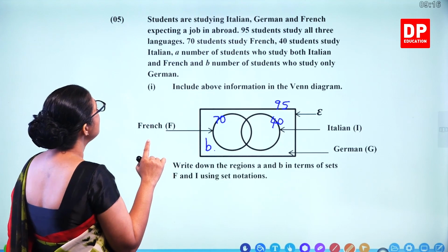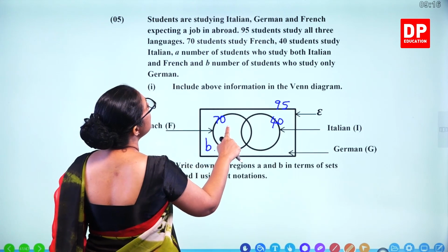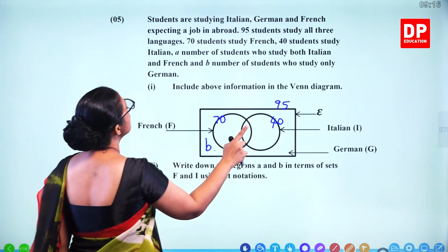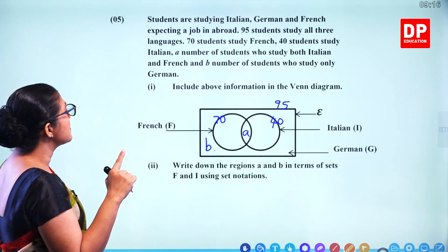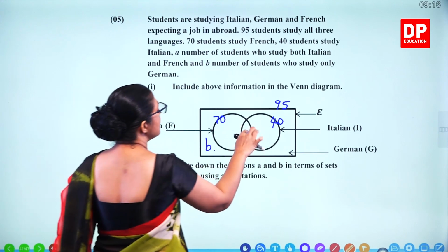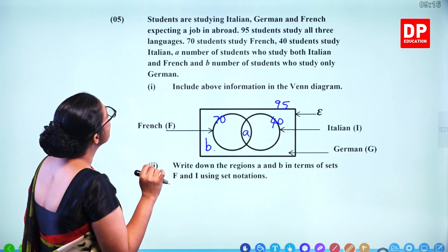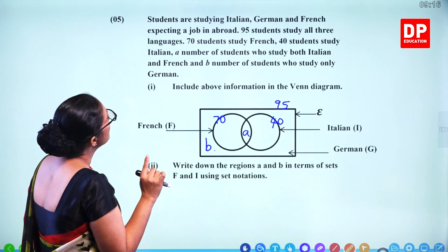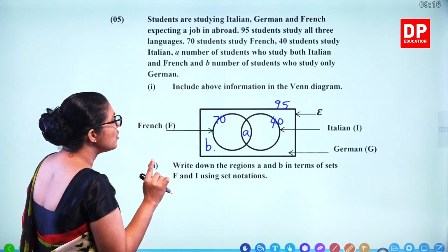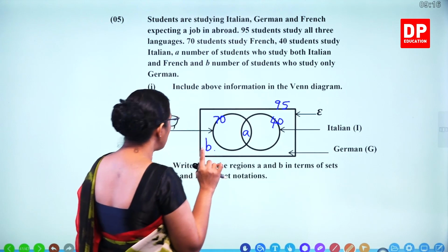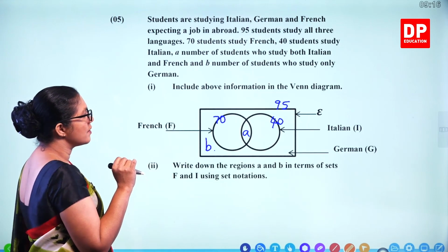So, this one is both Italian and French. That's A number of students. So, A is in between. That's the intersecting point, the area with the two circles. Then include the above information in the Venn diagram and write down the regions A and B in terms of sets F and I using set notation.